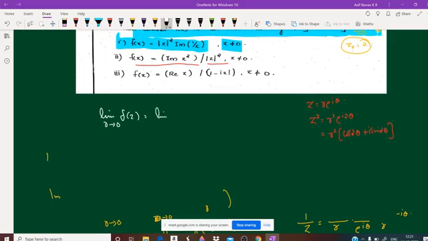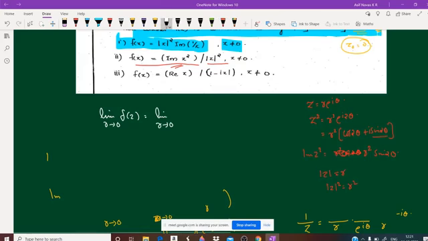What is the imaginary part of z square? It is r square sin 2 theta. And mod z is r, so mod z square is r square.